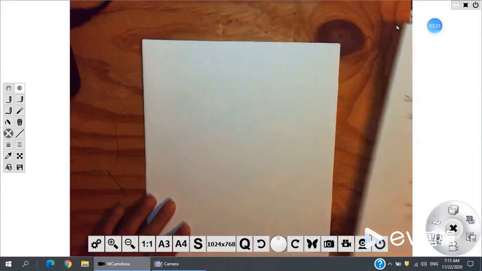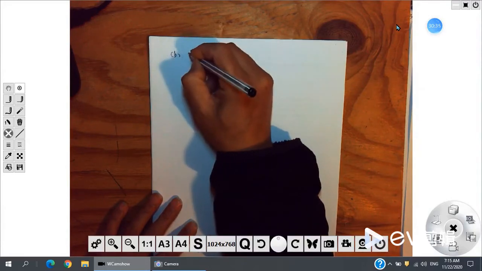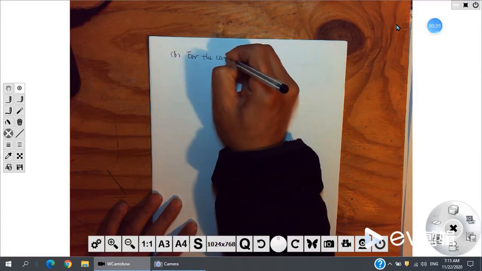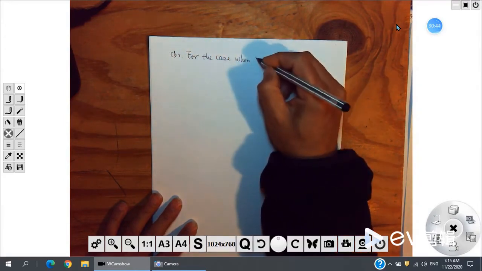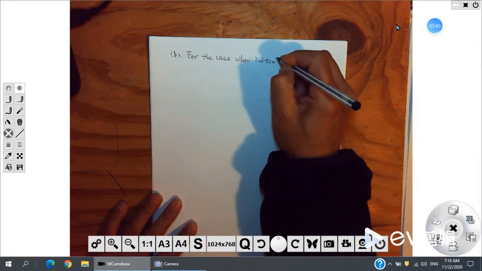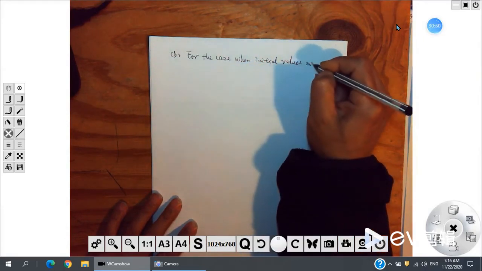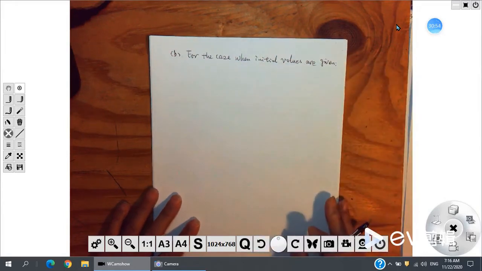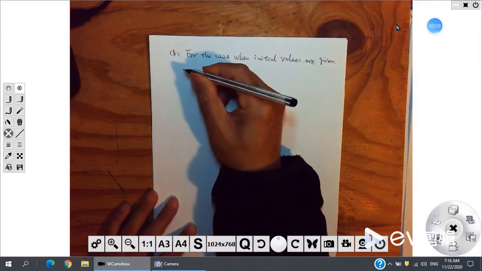So we have the second part, B, for the case when initial values are given. Now we have initial values, then the output. Now we have several different outputs.